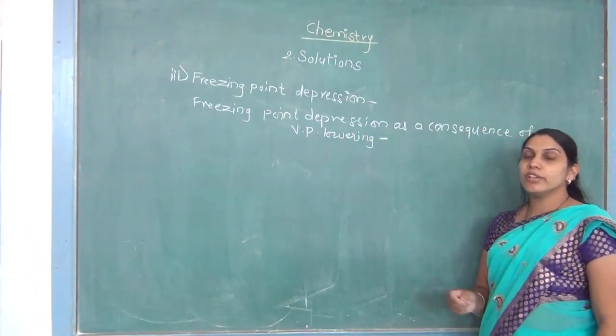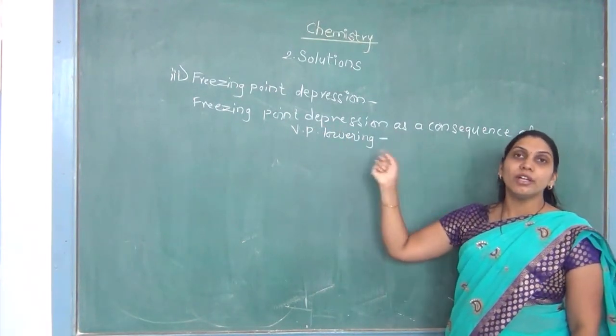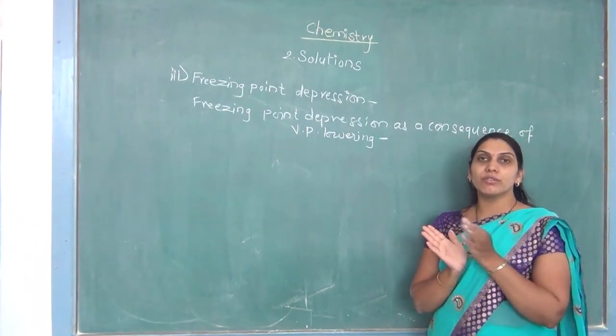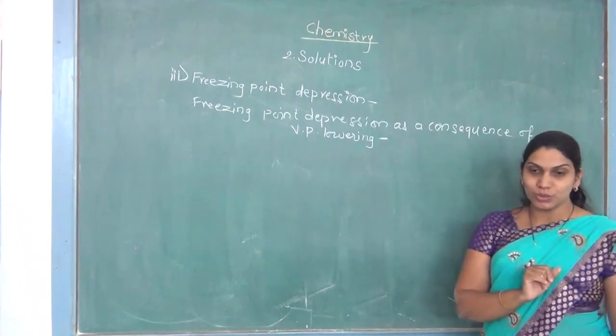Using that graph, we will study freezing point depression as a consequence of vapor pressure lowering. The graph is of vapor pressure versus temperature. I will draw that graph and I will explain you.